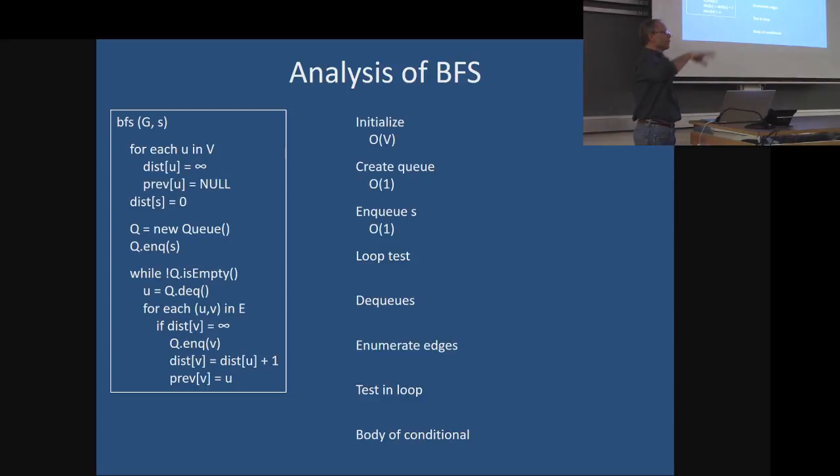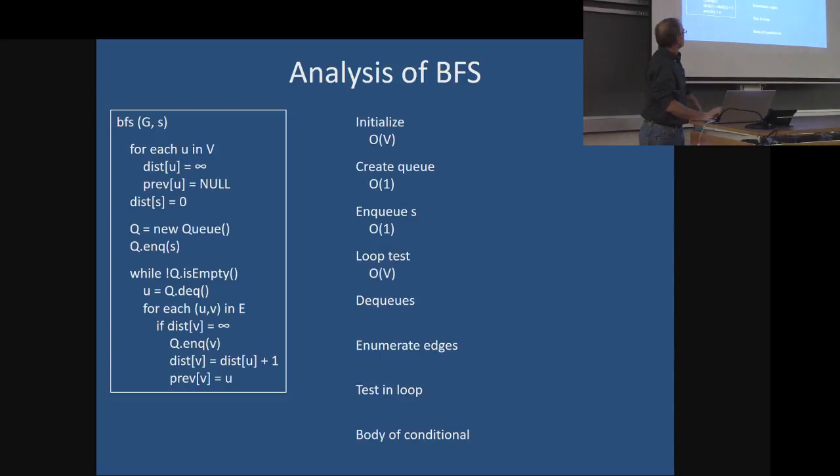So I want to consider, over the life of the entire algorithm, how many times do we check if the queue is empty, in the worst case? We do it V times, once per vertex. At worst, one vertex will come off the queue every time through the loop, so it can't run more than V times. So it's O of V.